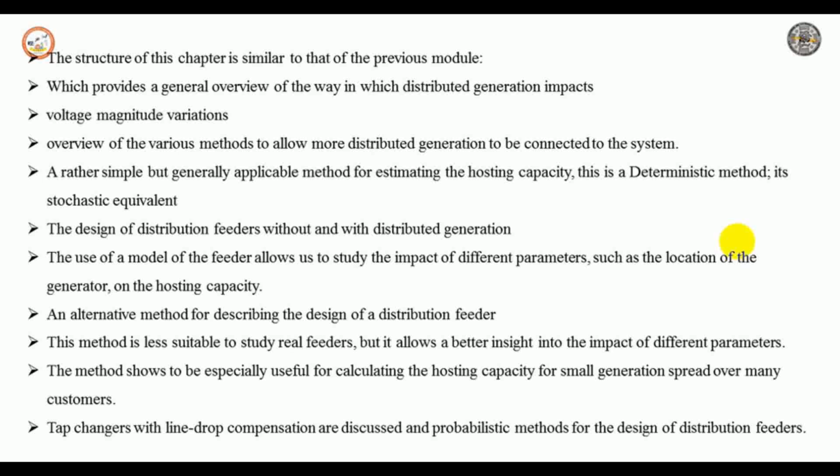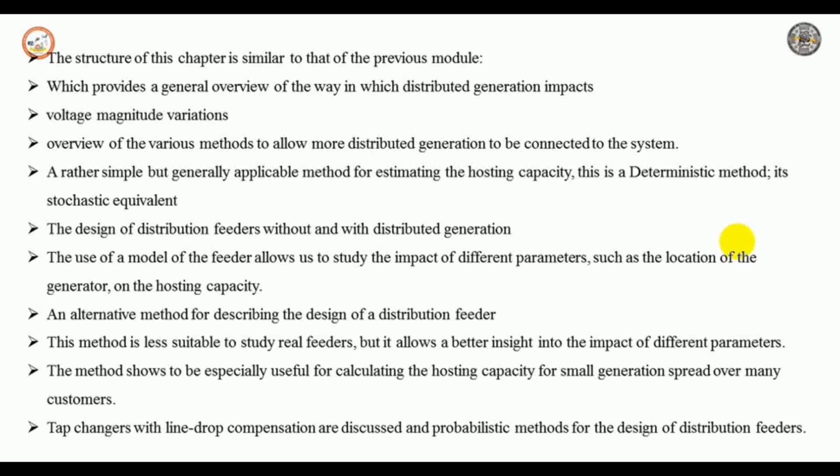This method is less suitable for a real feeder, but it will allow us better insight into the impact of the different parameters. The method proves especially useful for calculating the hosting capacity for small generation, which is spread over other customers.